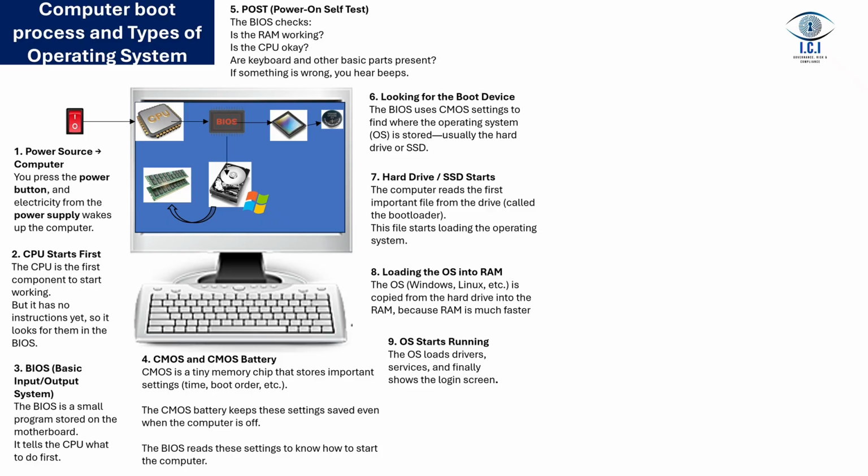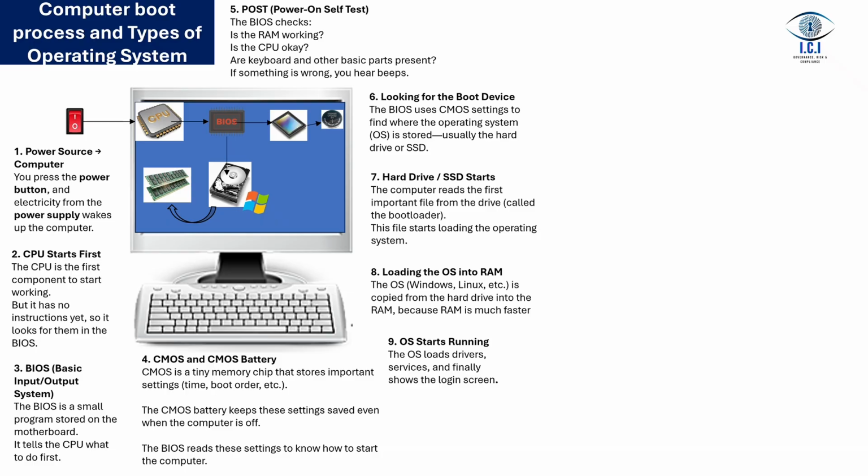I gave an analogy about the use of RAM. It's a temporary place whereby a program is stored to run, and storing your program on your RAM helps your program to be faster in execution. So your OS, in the process of loading your system, is copied from your hard drive into your RAM to make it much faster.